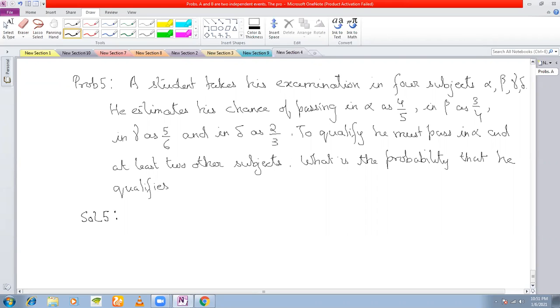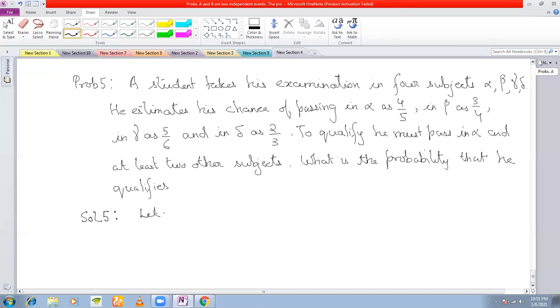Is it exactly 1, or exactly 2, or exactly 3? I think this one only. He must qualify in exactly 3 subjects, yes, right? Whatever be the combination out of 4, but he must qualify in exactly 3 subjects.